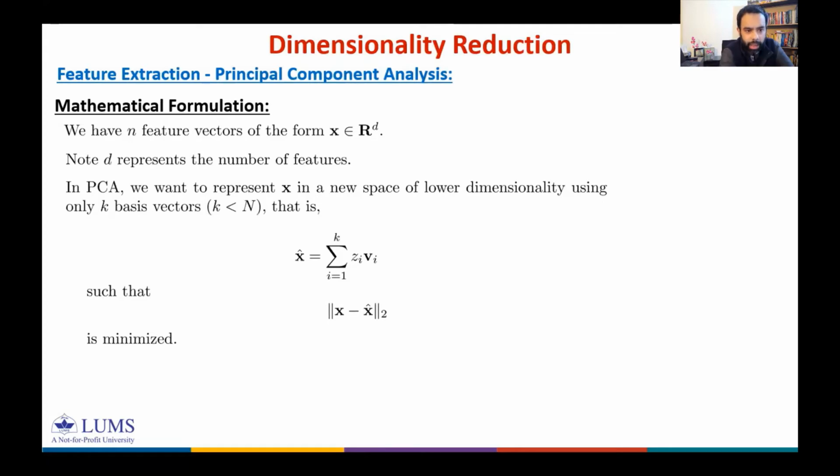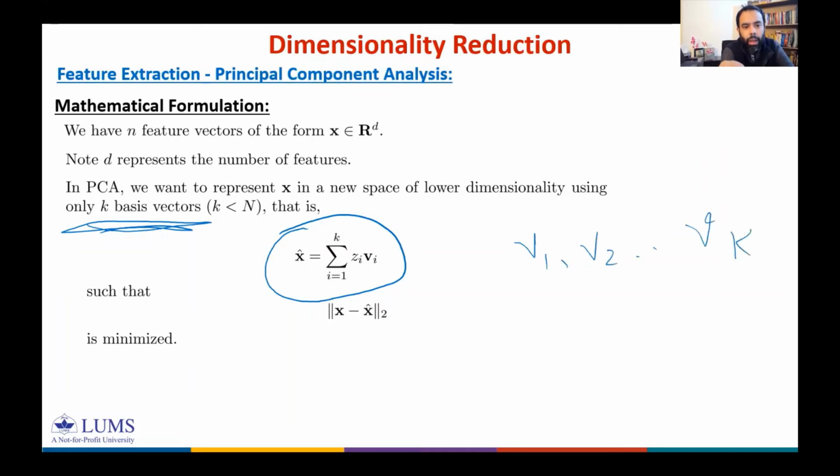Right? So these are the k bases. In fact, these will be our principal components. Using only k bases, so this is the representation in these new bases. If you see, I have chosen v1, v2, up to vk.